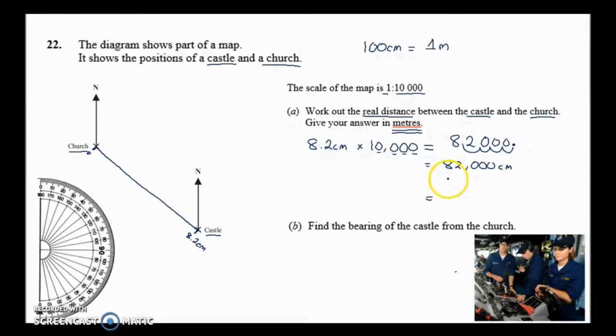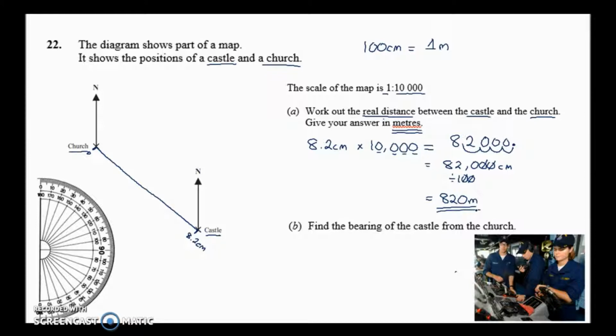So now we've got to do a bit of division. We're going to divide this by 100 to convert it into meters. Divided by 100, we can just knock off 2 of our zeros, and then we'd end up with 820. 820 meters is the actual distance if you had to walk from the church to the castle.